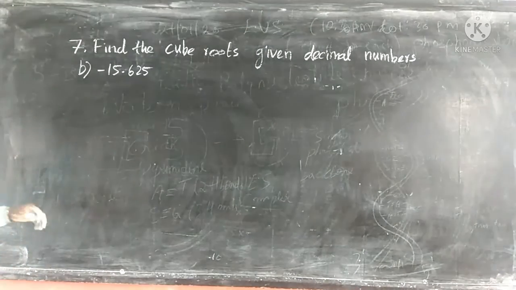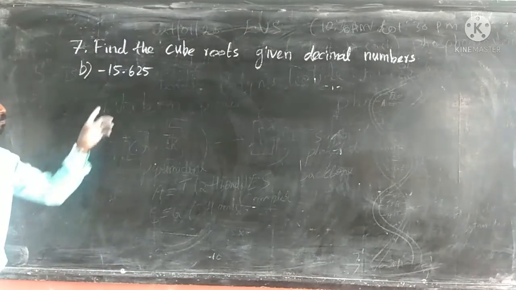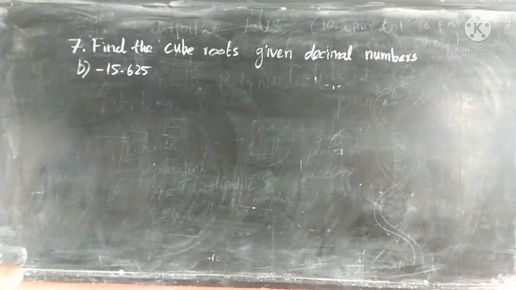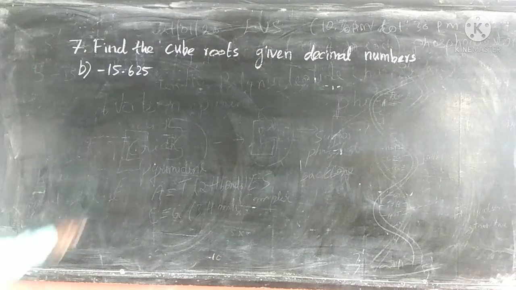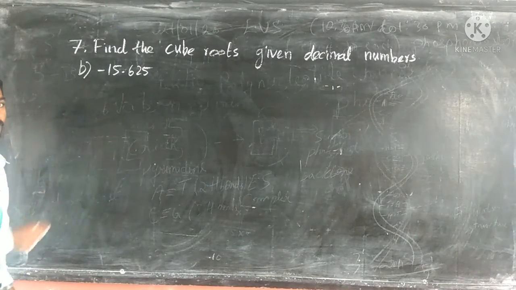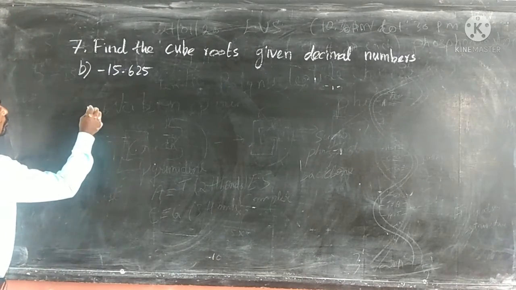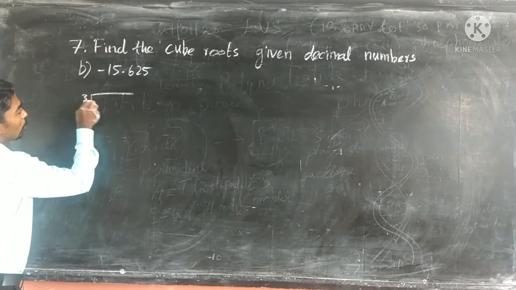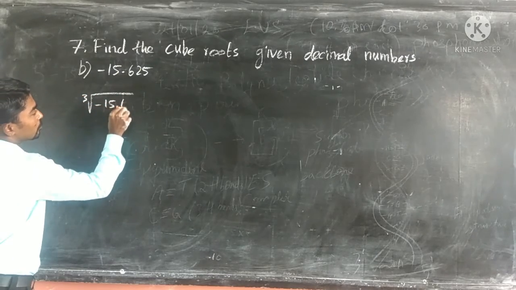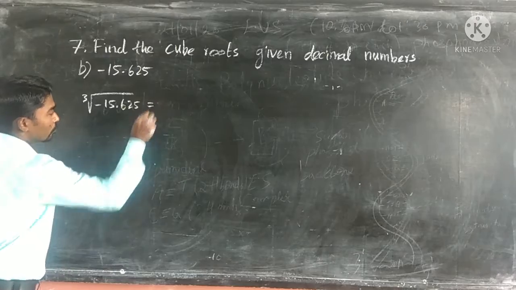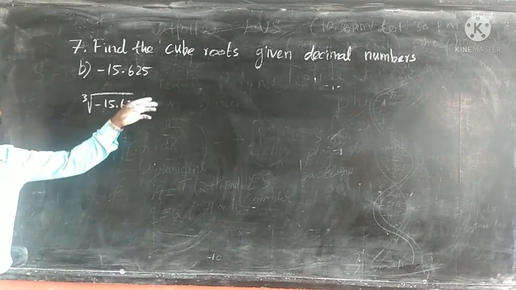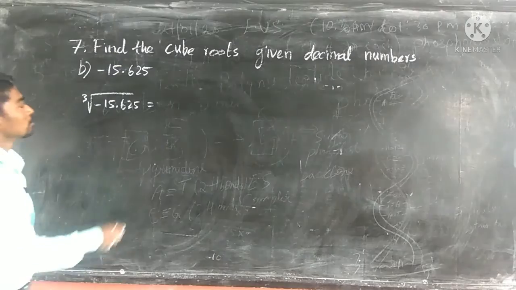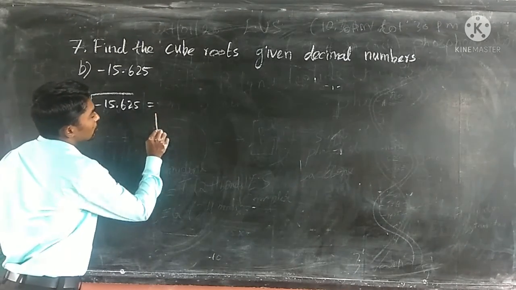Next subdivision, subdivision number B, minus 15.625. Here we are going to find the cube root of this decimal number. To find the cube root of this decimal number, first we need to convert it into a whole number. Cube root of minus 15.625 is equal to, convert to whole number. Here we are going to multiply both the numerator and denominator by 1000.